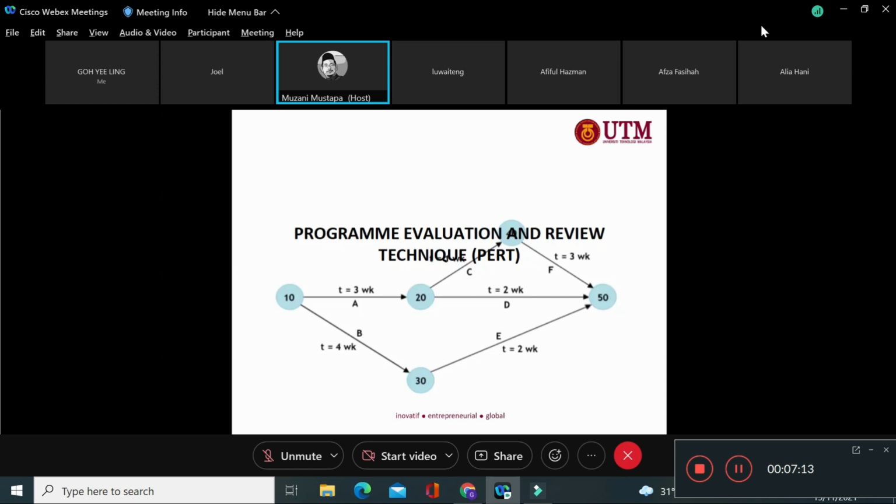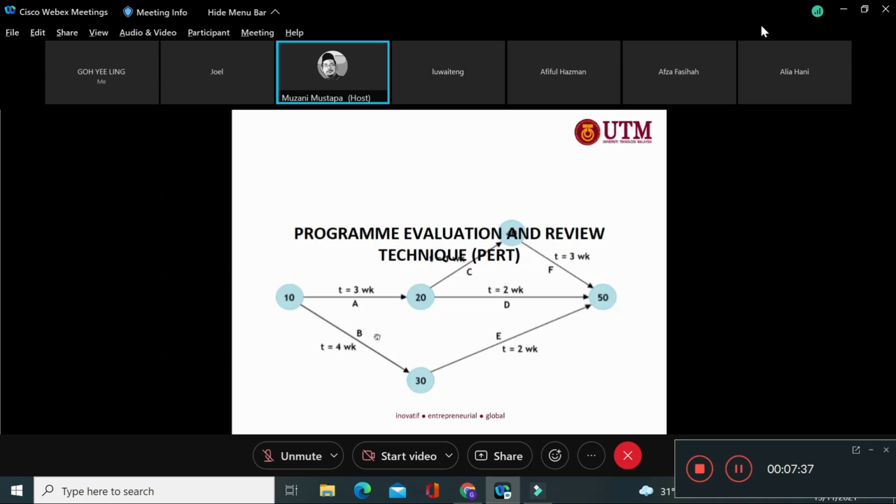do it from the left, which is what we call the forward pass, and then to loop back, or to close the network back, the time scale calculation goes from right to left, which is a backward pass. But the drawing is basically from left to right. Once you are done, from 10 up until 20, you want to calculate the time duration.